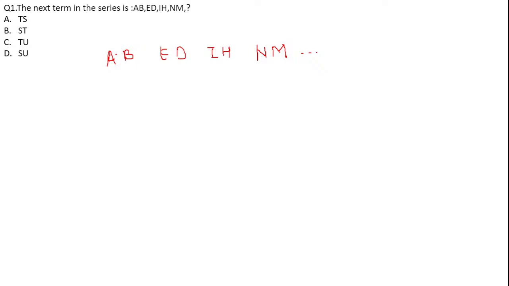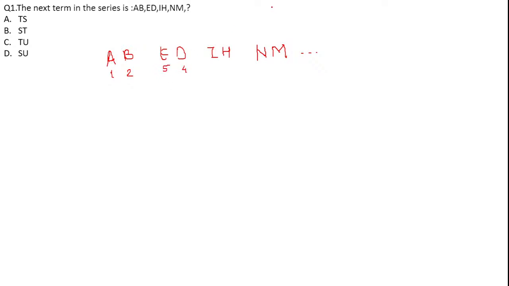The alphabet numbering helps a lot in solving these questions quickly, correct? So you should know how to number quickly. A is at first position, B at second, C, D, E, this is fifth, this is fourth.